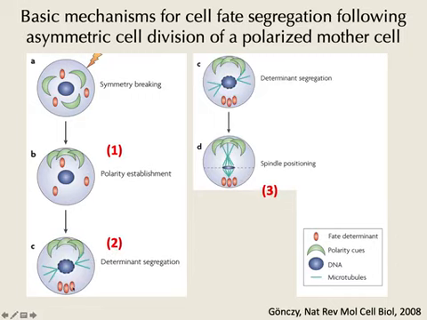So in this cartoon, it's represented as segregating in the opposite direction, right? So now you have this coupling I was mentioning. The polarity proteins respond to the extrinsic cue, they create this initial polarity, and then the determinant responds to that to position itself. Okay, so we're going to see a couple examples of that.